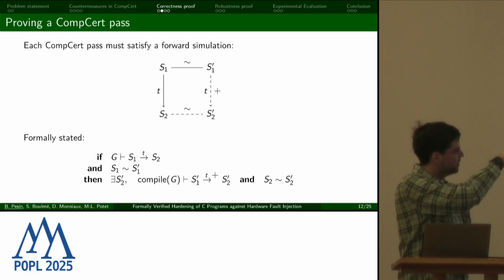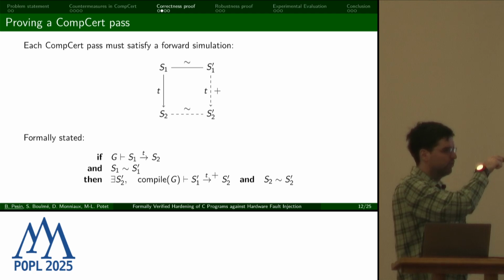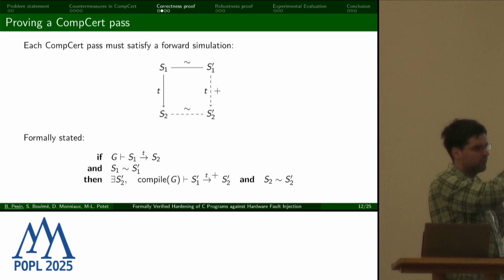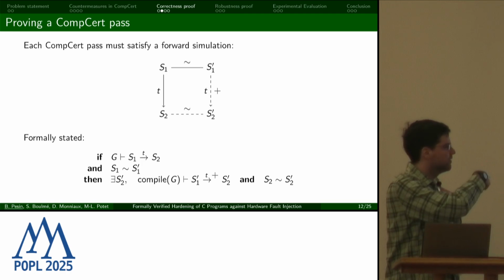And you write a relation, which depends on your compilation pass, this tilde relation between them. And so you must prove that for any step in the source program from S1 to S2 with a certain trace, you have a sequence of steps from S1 prime to S2 prime with the same trace, which leads you back into a state that's still related to S2.